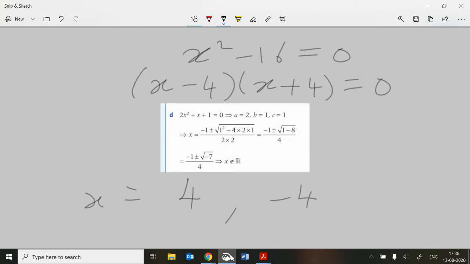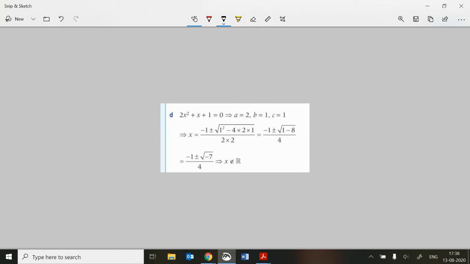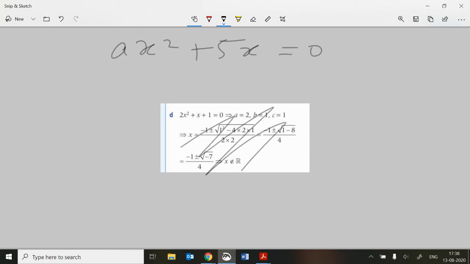Okay, and when we were talking about the other case of c being equal to 0, let's come up with, say, x squared plus 5x is equal to 0. This has got a pretty easy solution as well, because, first of all, if there's a number in front, you could divide throughout by that number.